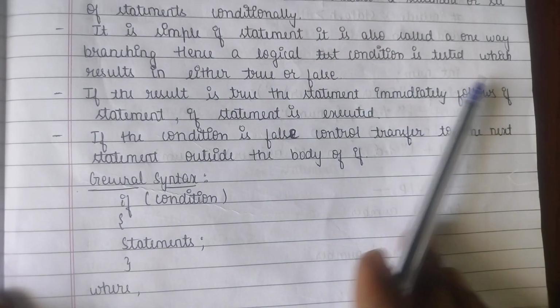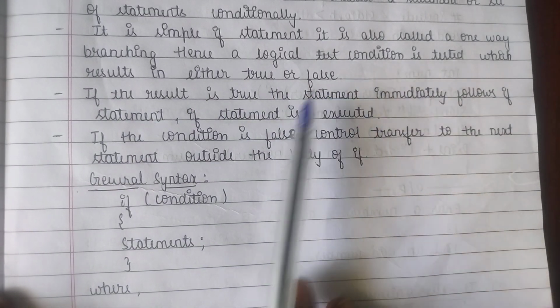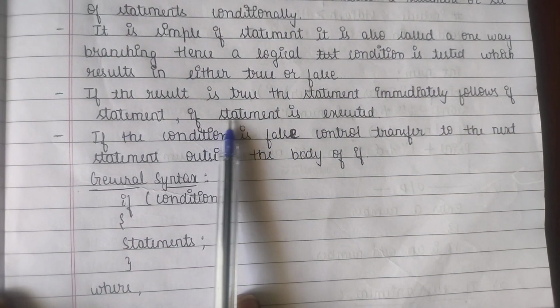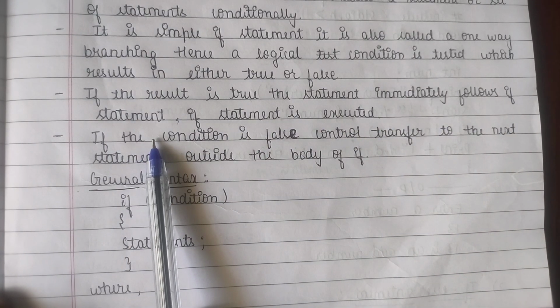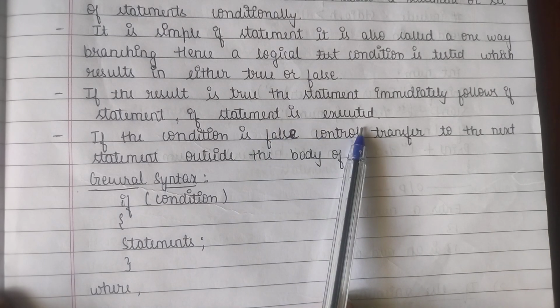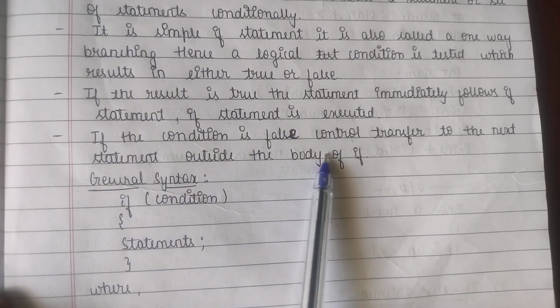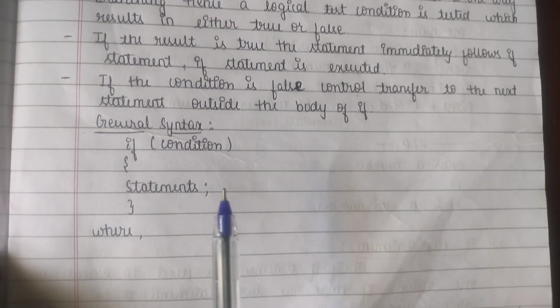Here a logical condition is tested, which results in either true or false. If the result is true, then the statement immediately following the if is executed. If the condition is false, then the control transfers to the next statements, which are outside the body of the if.